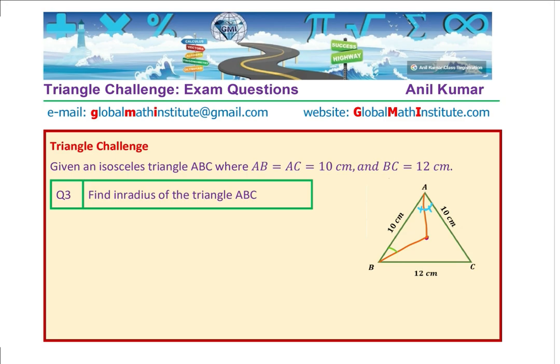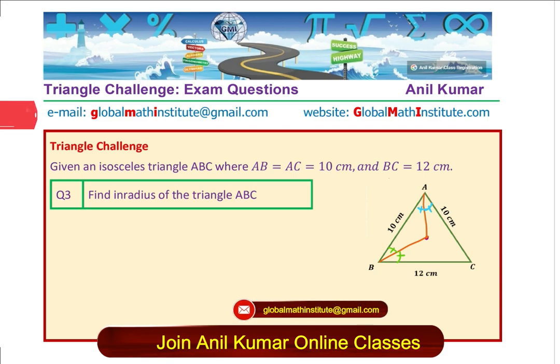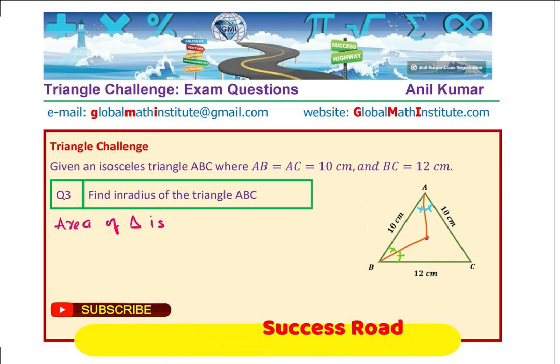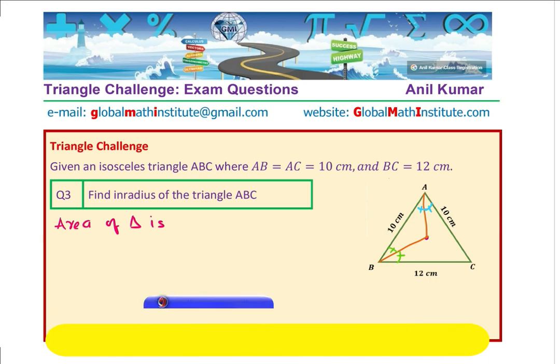Now to get this point, we can use another strategy, and that is that Inradius is related with the area of triangle, correct? So you know that area of triangle is equal to Inradius times the semi-perimeter.